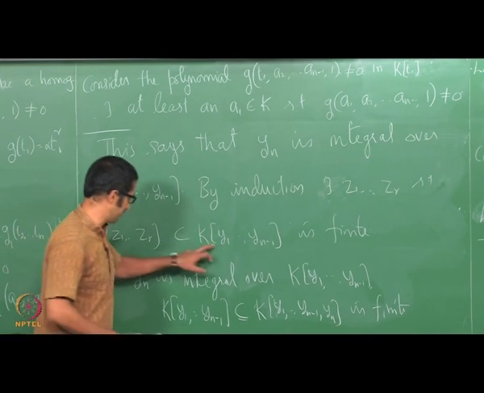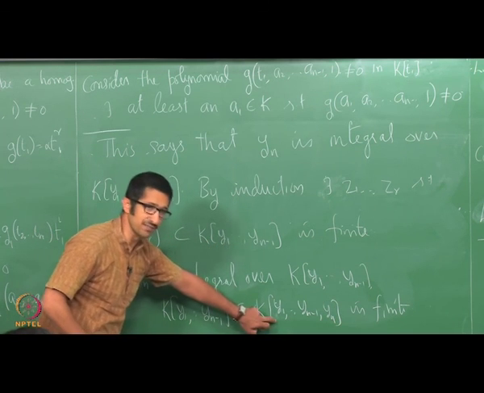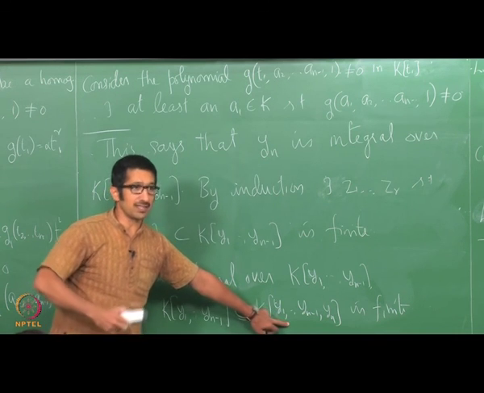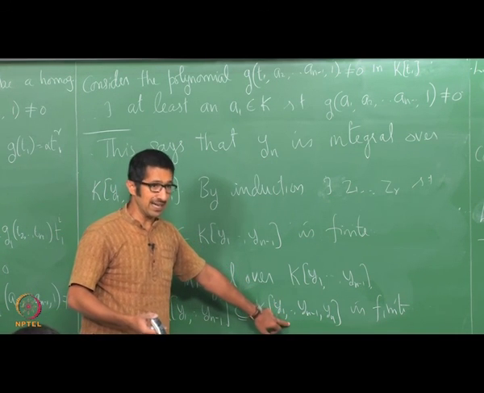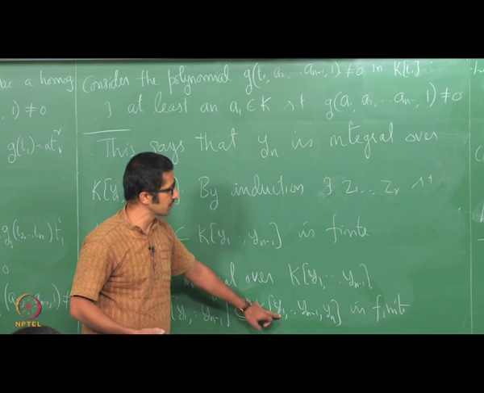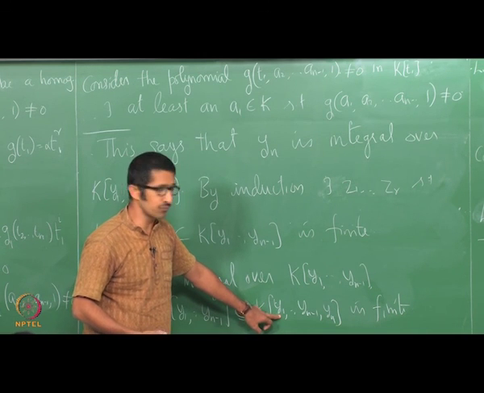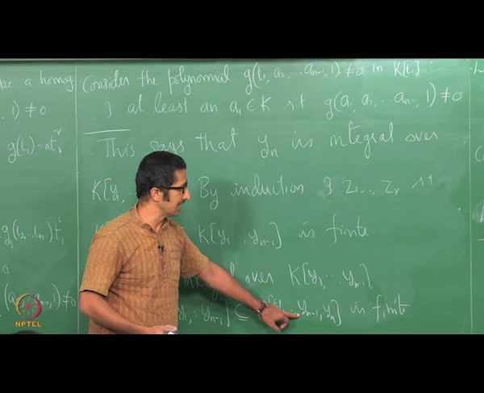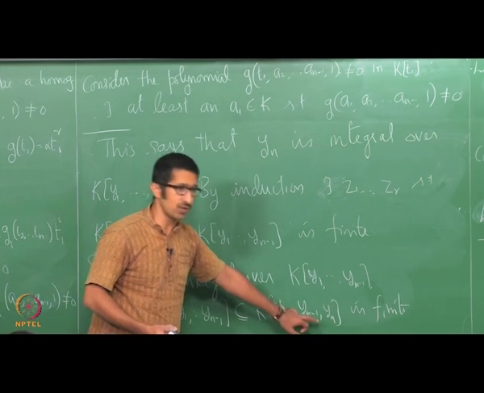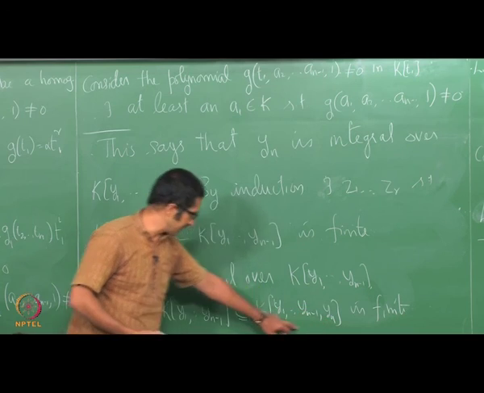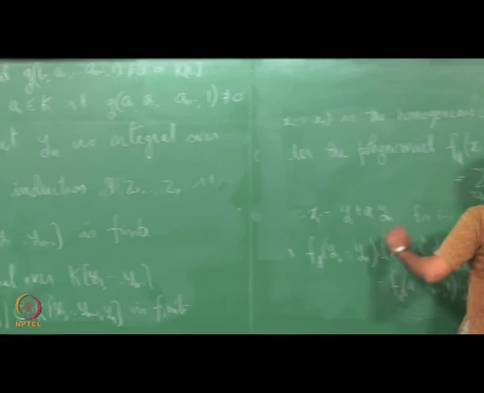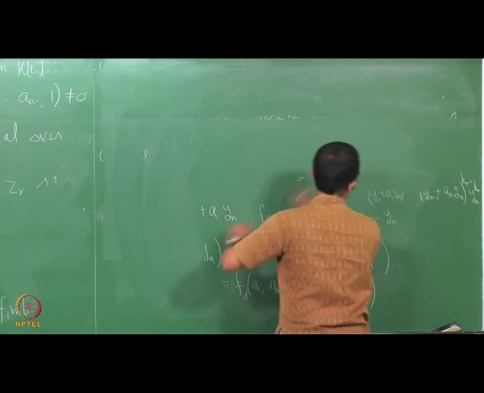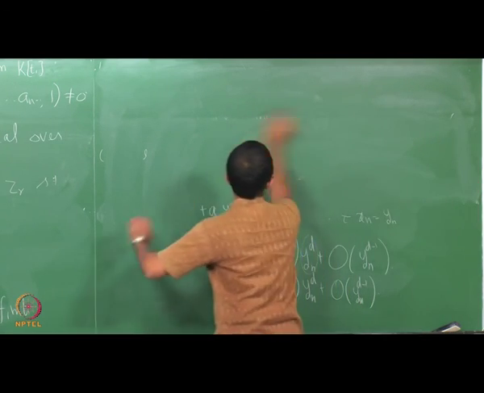Now, this is finite, this to this is finite, therefore, this to this is finite. But what are the substitutions that we had made? x1 equal to y1 plus a1 yn, x2 equal to y2 plus a2 yn, and so on up to yn. So, note that k[y1, up to yn] is the same as k[x1, up to xn]. So, that finishes the proof.